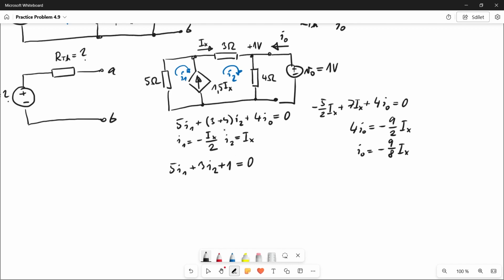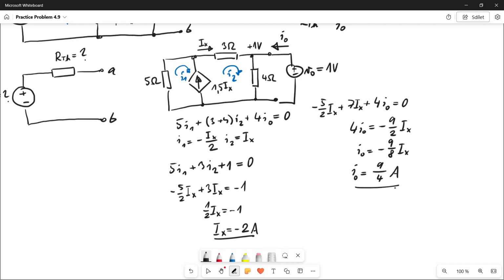So again, we substitute these two equations into this equation. We're getting that. Now we substitute this equation into this equation, and we get that the output current is 9 divided by 4 amps.